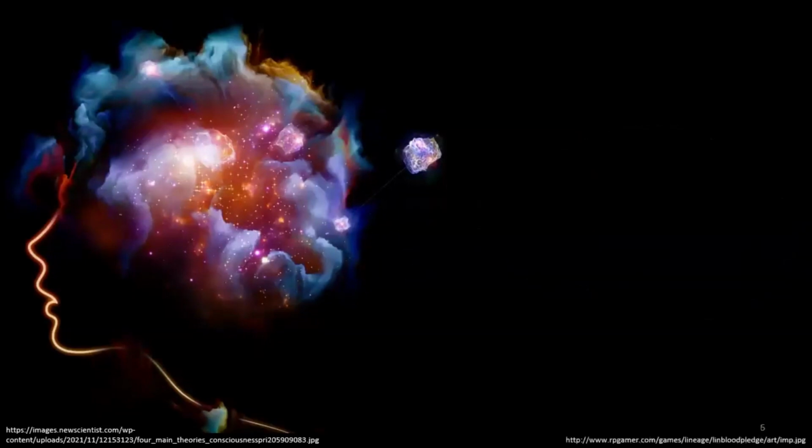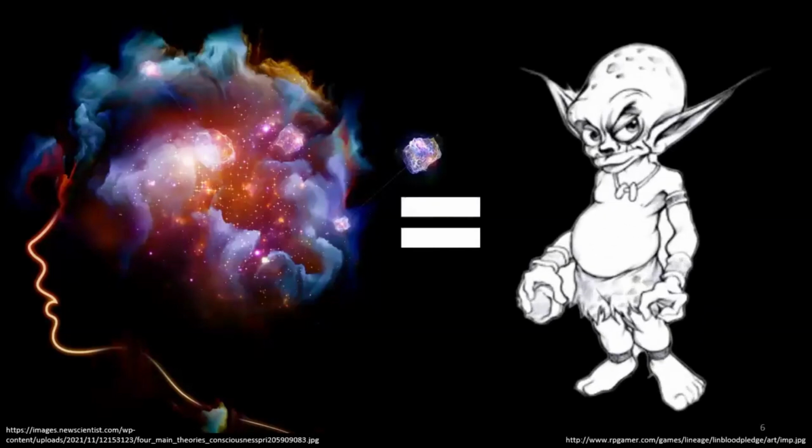And today we're going to start off and show you that your mind is not completely made up of one thing, but one thing that it might be made up of is demons. And I don't mean that in the metaphorical sense of we all have our demons inside us.